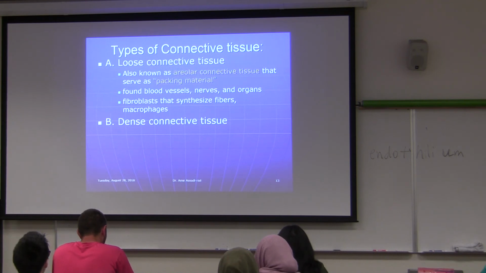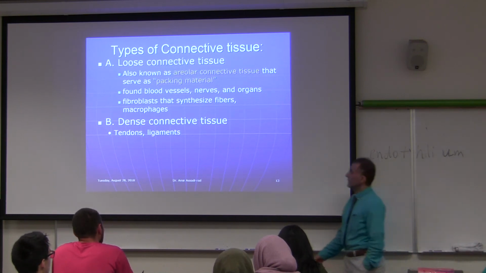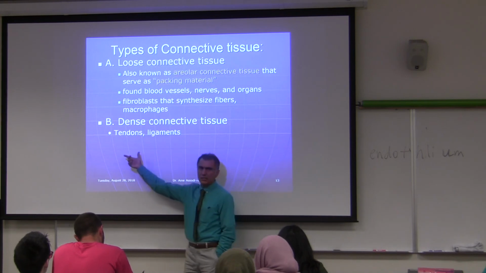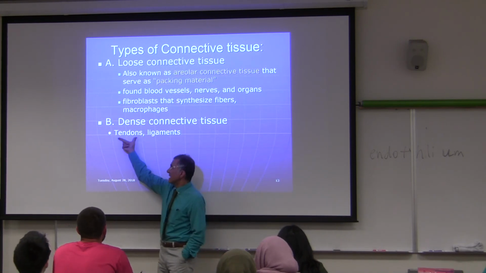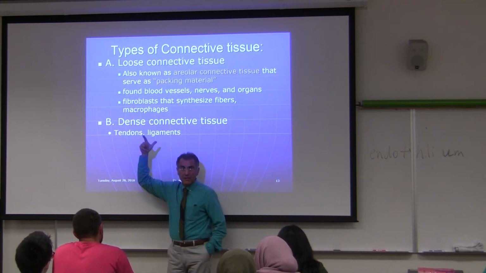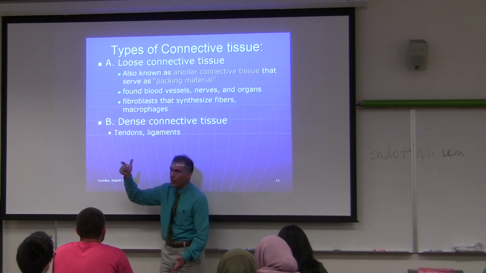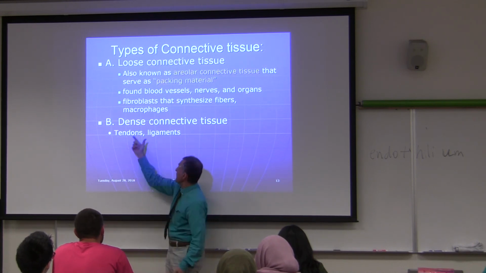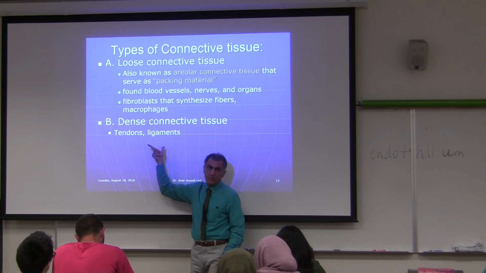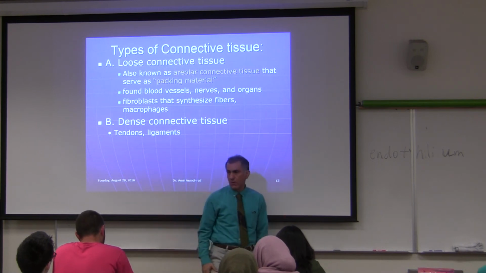Okay, the dense connective tissues are like tendons and ligaments. Achilles tendon, you've heard of it, that's the largest tendon in your body. So a tendon is between what? Between muscle and bone, right here, Achilles tendon. And then of course, a ligament is between what? Bone and bone. Basically it's tape.